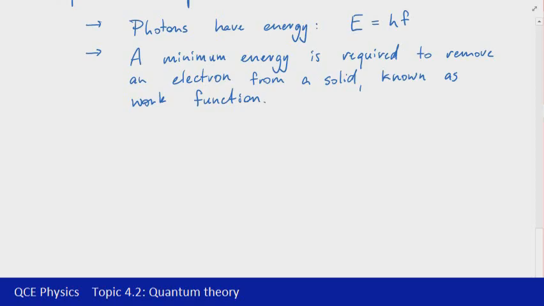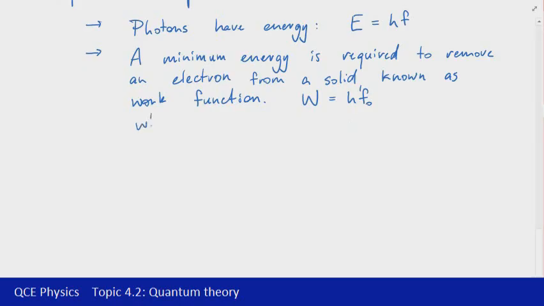An equation that's relevant here that's not actually in the data booklet is just a rewording of that first equation. The work function W is equal to hf naught. You can see W is an energy, f naught is the frequency, and so we still have that same sort of structure to the equation. We're just looking at a specific frequency relating to a specific amount of energy.